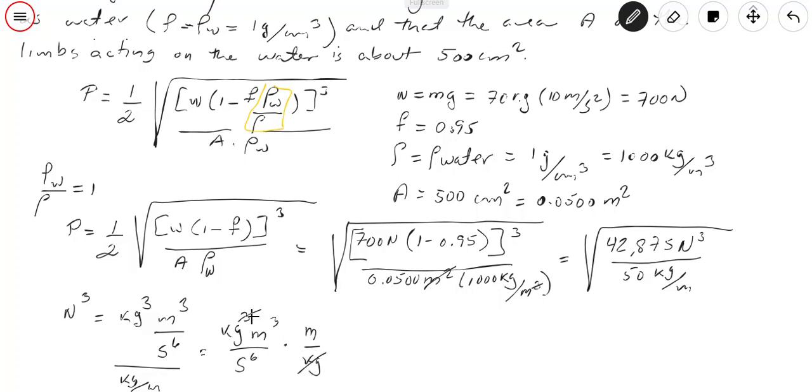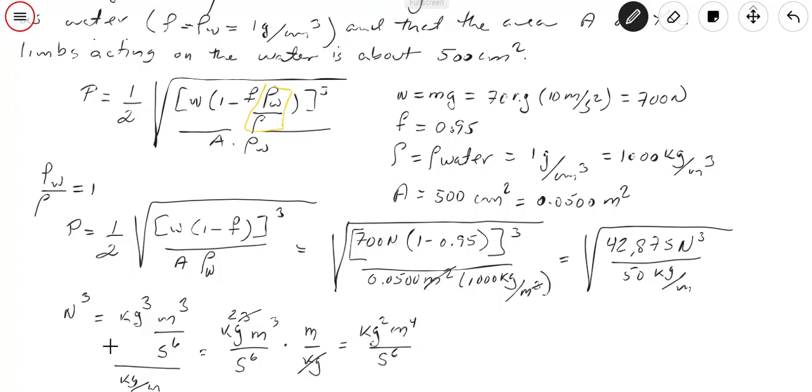So one kilogram cancels, and we have kilogram squared, meter to the fourth, over second to the sixth.